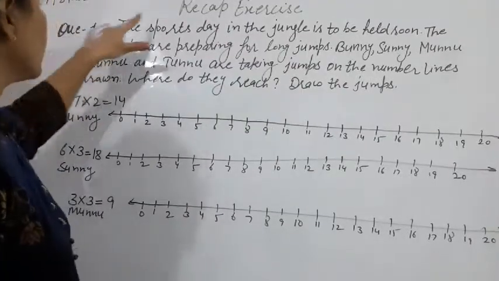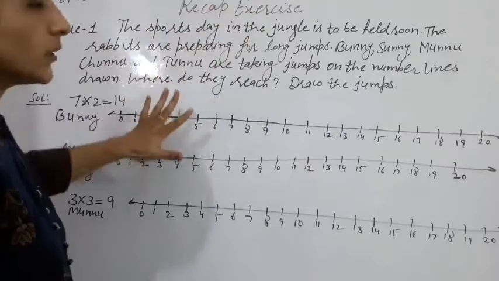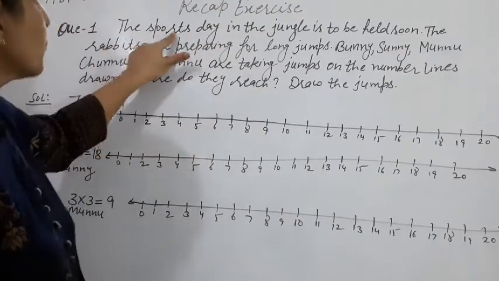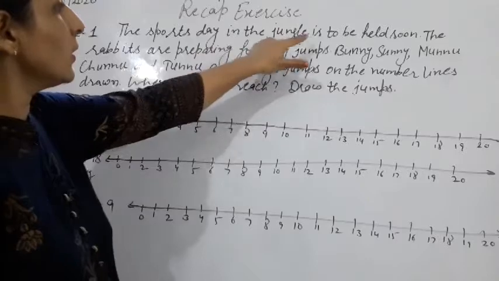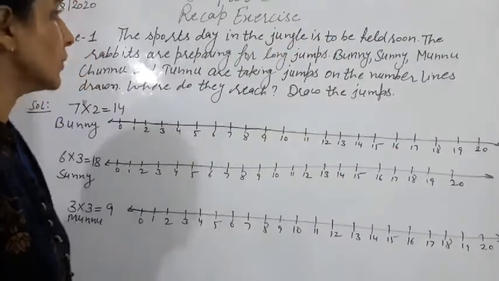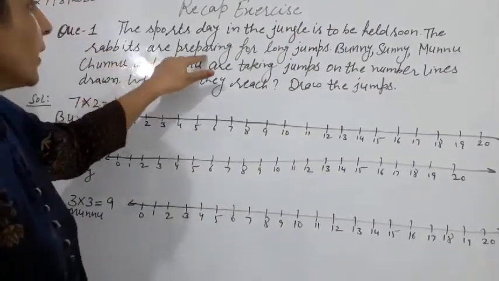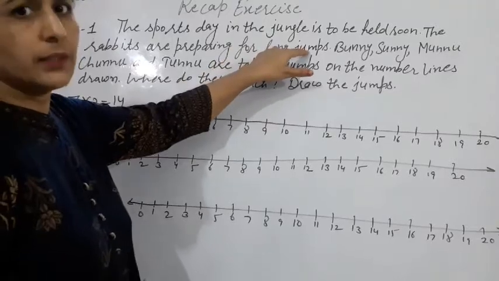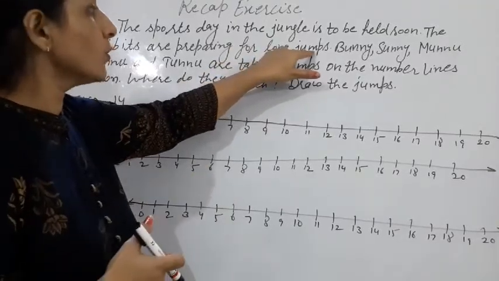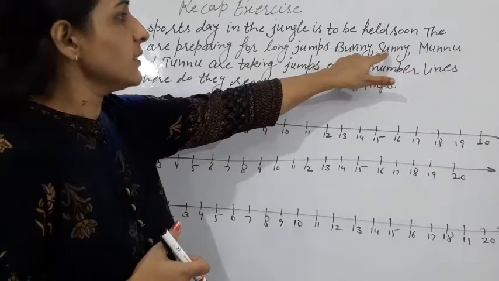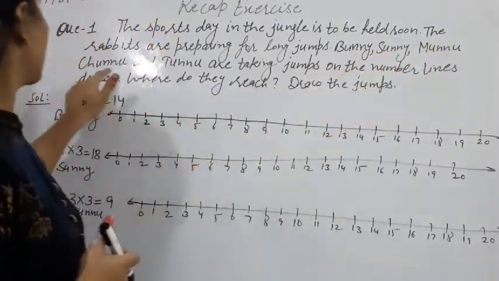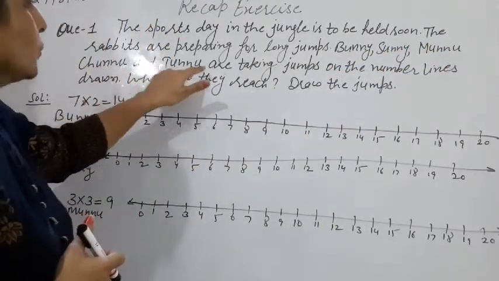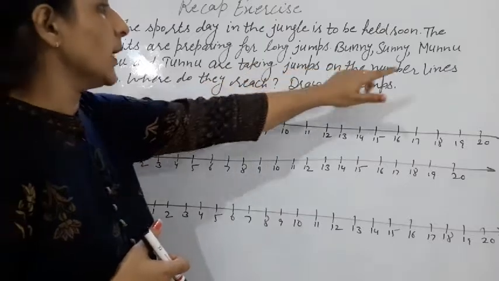Now the question number 1 of your recap exercise. Here the question number 1 is: the sports day in the jungle is to be held soon. The rabbits are preparing for the long jumps. Clear? Bunny, Sunny, Manu, Chanu and Tanu are taking jumps on the number line.